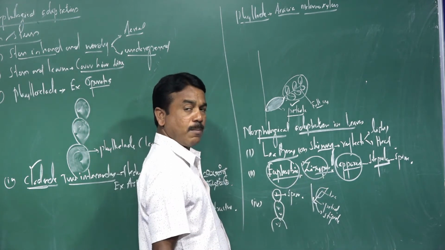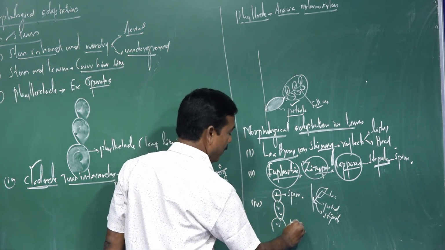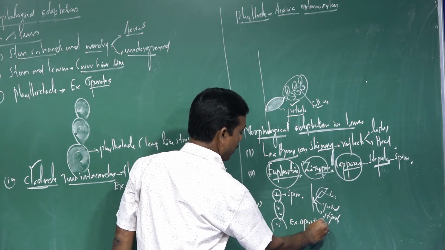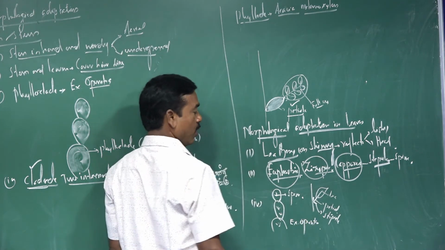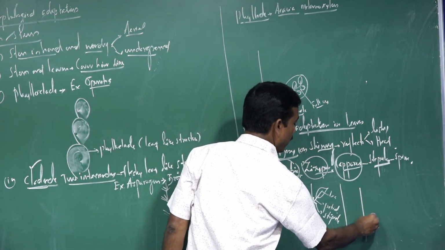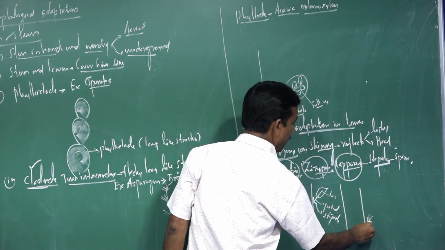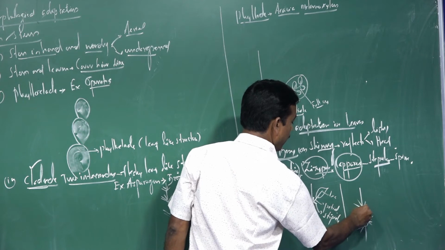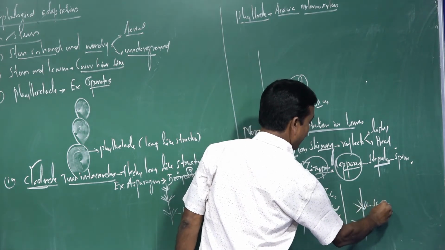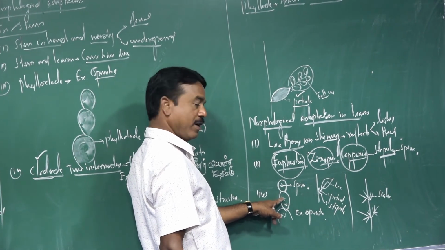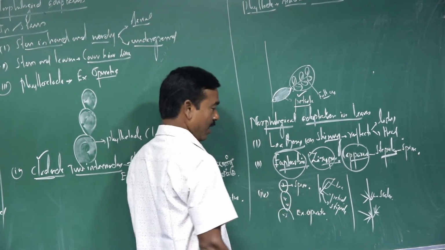Whole leaves are modified into spines in Opuntia.